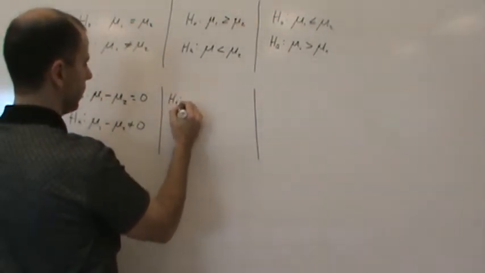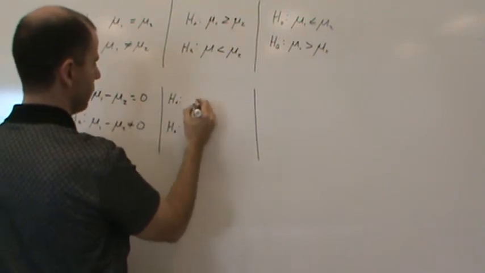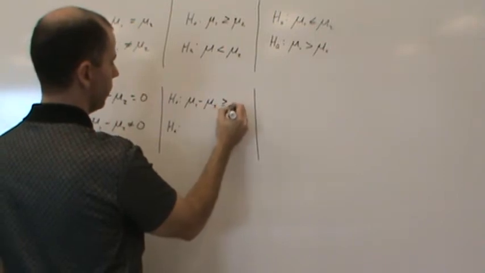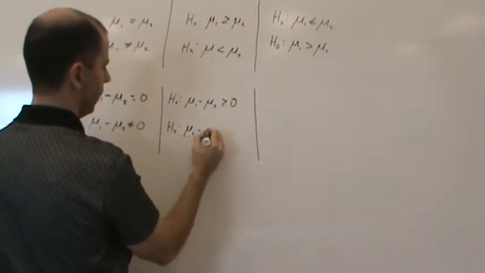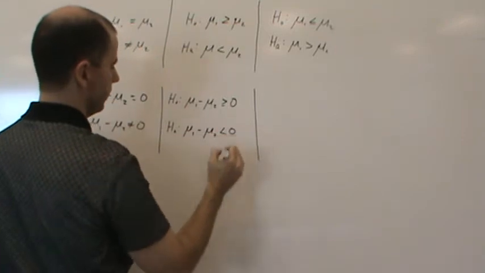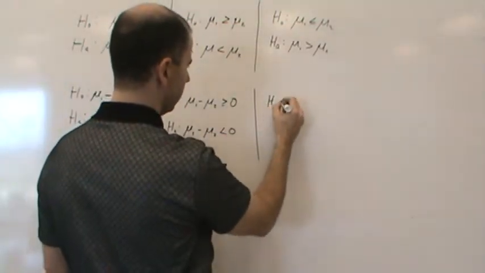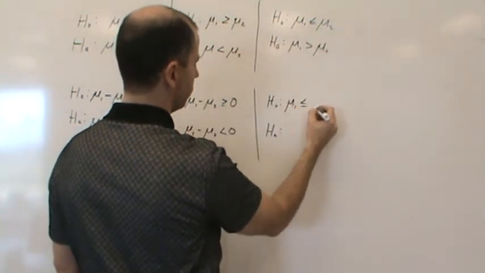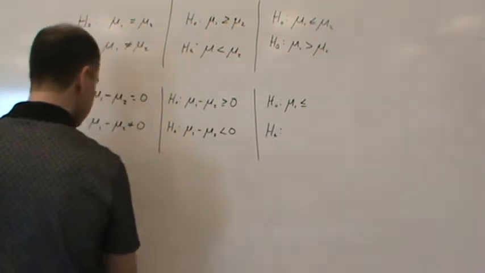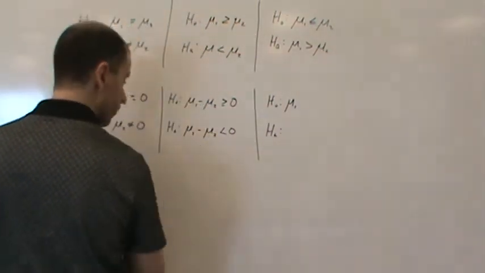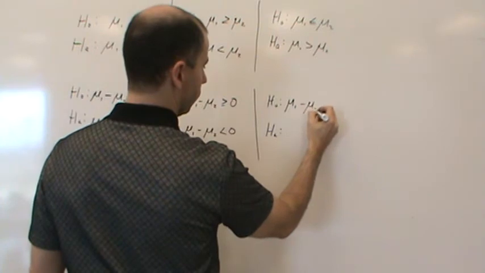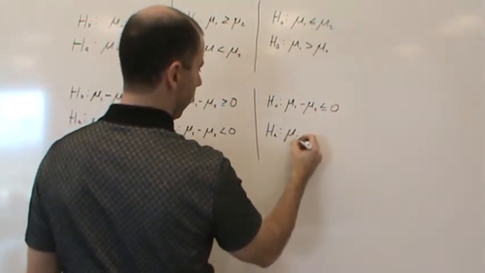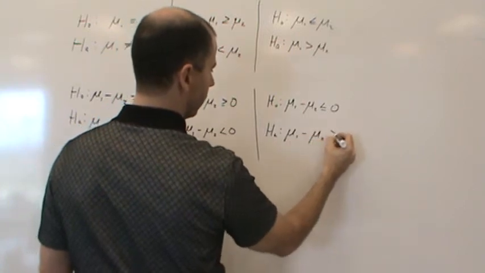And likewise, we can rewrite these other pairs in the same manner. Mu1 minus mu2 is greater than or equal to 0 versus mu1 minus mu2 is less than 0. And then finally, mu1 minus mu2 is less than or equal to 0 versus mu1 minus mu2 is greater than 0.